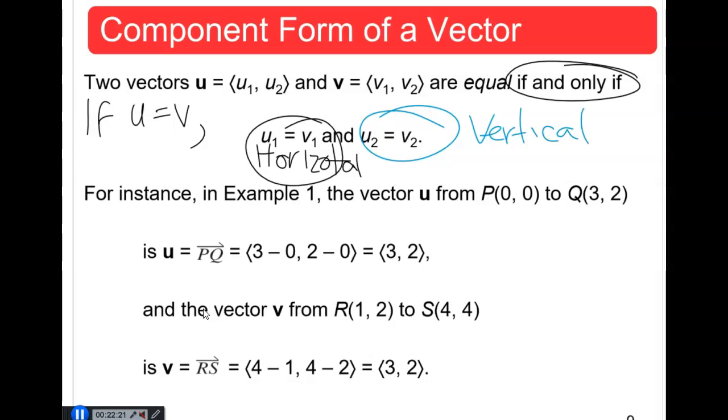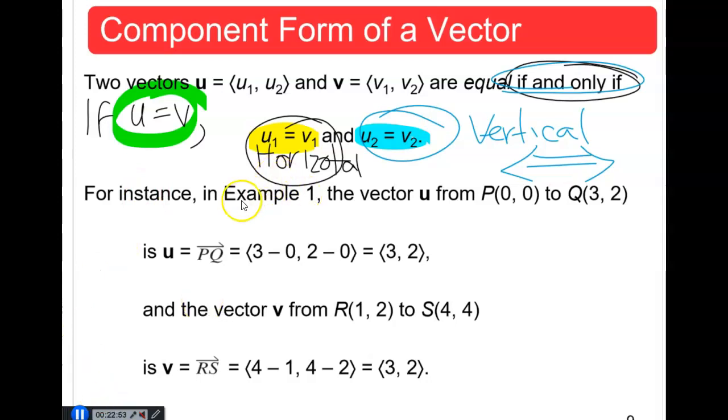So for that, we could say that the two vectors are equal. And the if and only if works as a double conditional statement. So it means that from left to right it's true, and also from right to left. So if we were to start by saying the vertical components are equal and so are the horizontal components, then we can say for sure that the two vectors are equal.